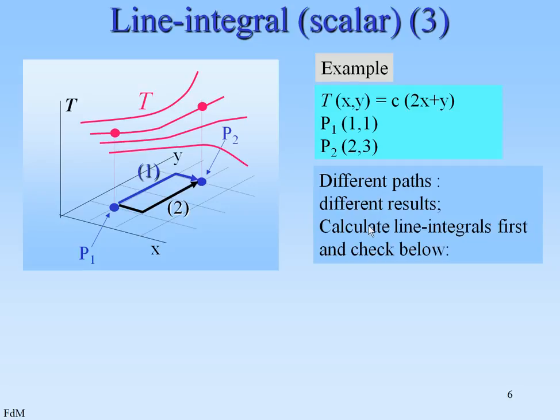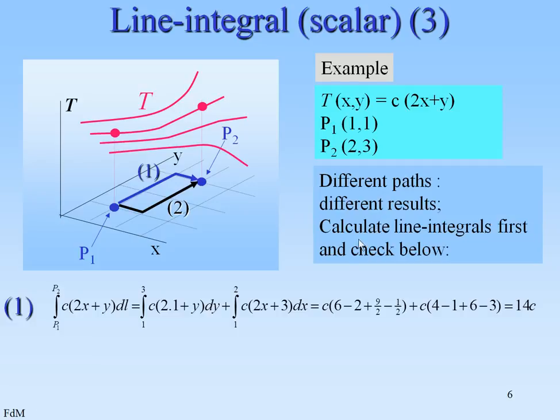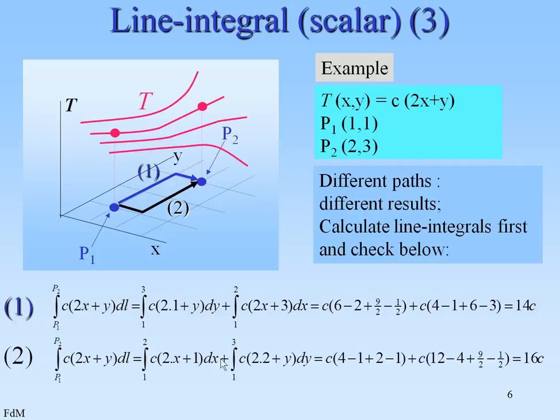Let's calculate the line integrals first and check. First, over path 1, P1 to P2, first integrate over the y coordinates, then integrate over the x coordinate, and you end up with 14 times C. The second path, the same type of integration, but now first over dx and then over dy, and this will lead to 16 times C. So that's different.